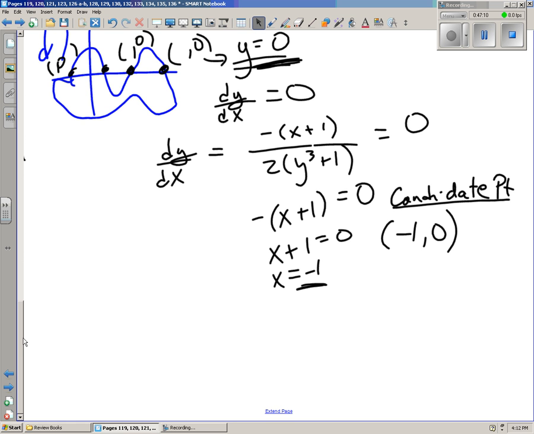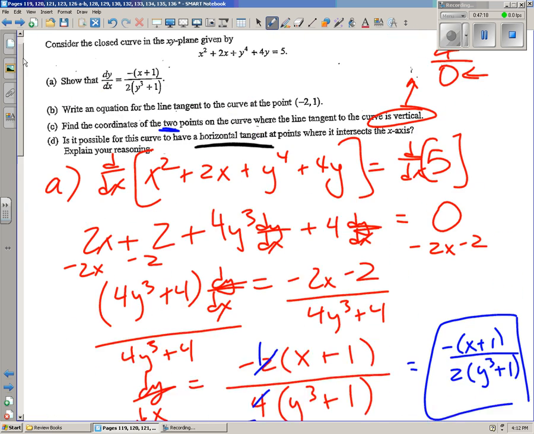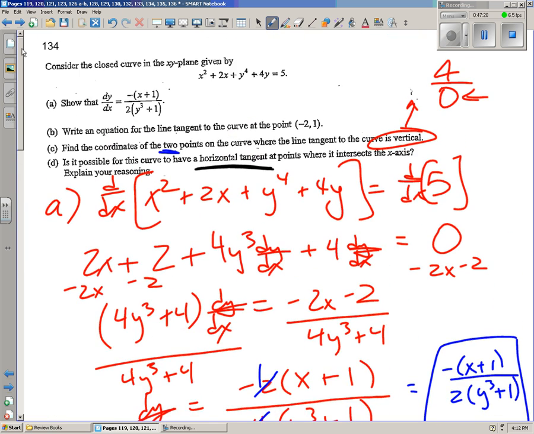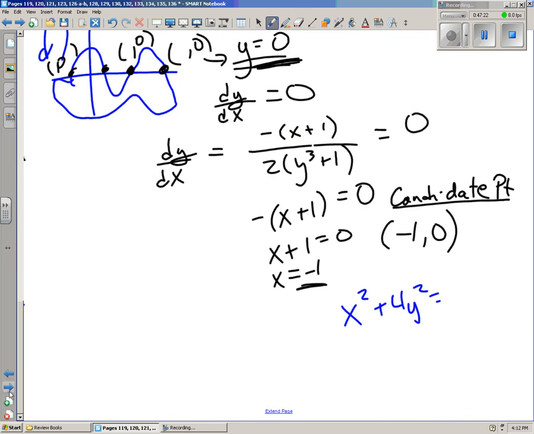But I don't know whether this point lives on that curve or not. So I'm going to go back to the equation of the curve, which was x squared plus 4y squared. No, I'm lying. I'm doing a different problem in my head. I think it's x squared plus 2x plus y to the 4th plus 4y equals 5.